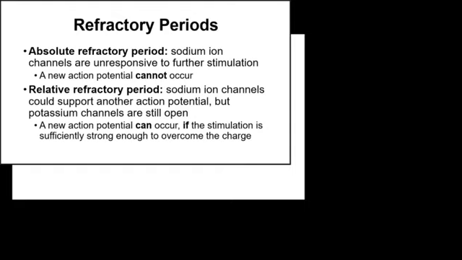So a new action potential could occur, but only if that new stimulation is strong enough to overcome the process that's already happening. So if I scroll back here, and if I find my mouse, that would be in sort of this period here, where we're not quite back at our resting potential, and the potassium channels would still be open.